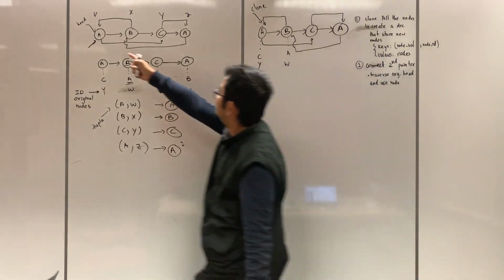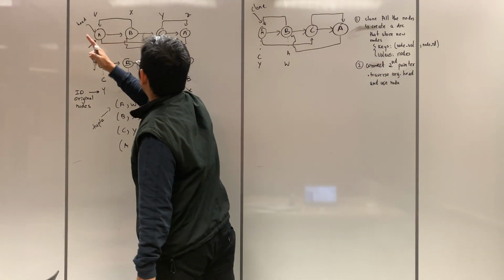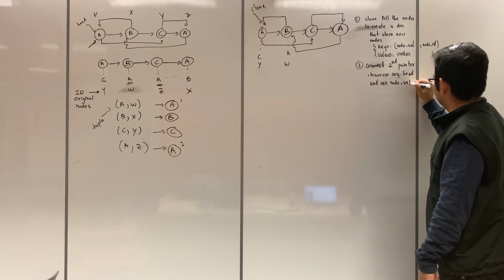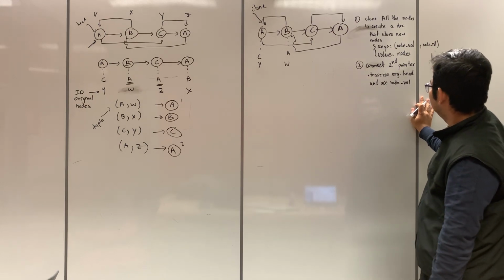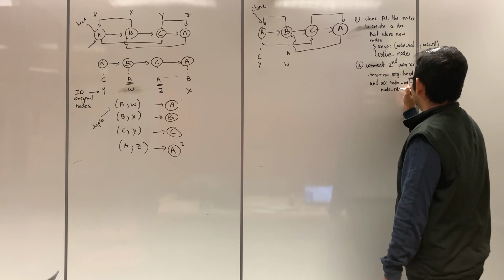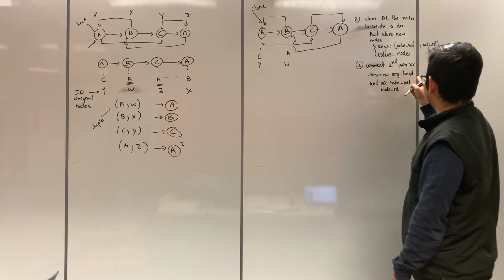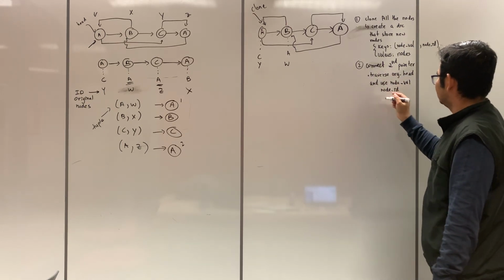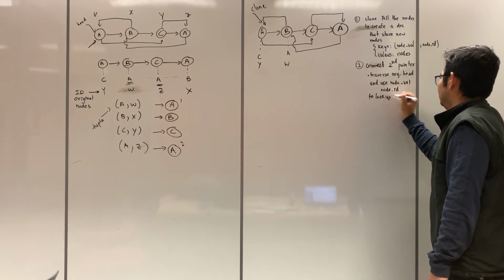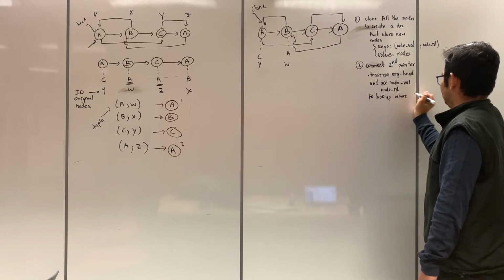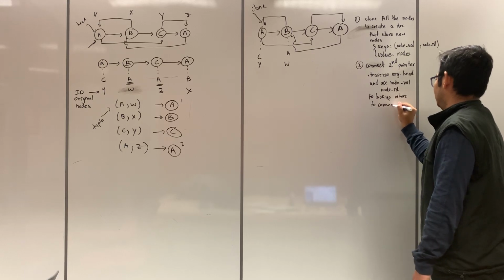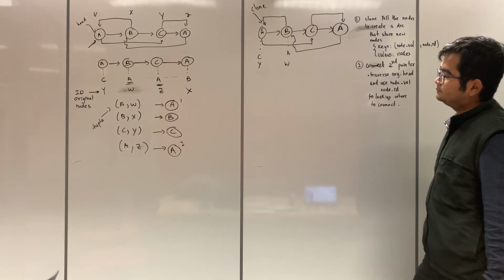The node value would be A, B, or C, like value A, value B. And the node ID. So traverse the original head and use the node value and node ID to look up where to connect.